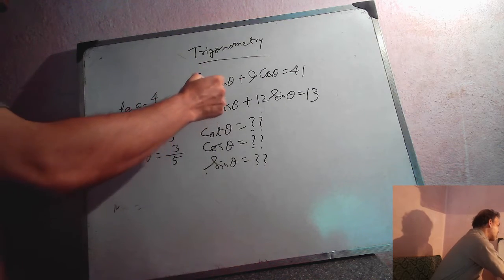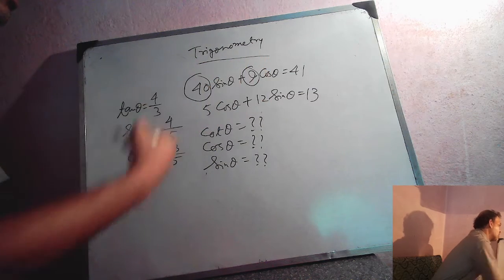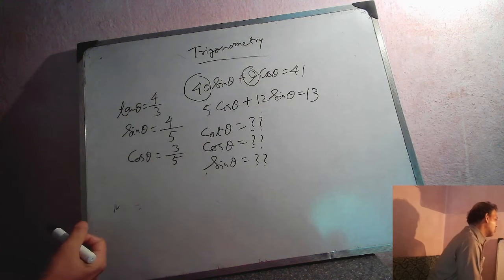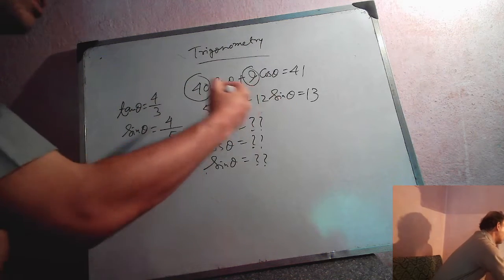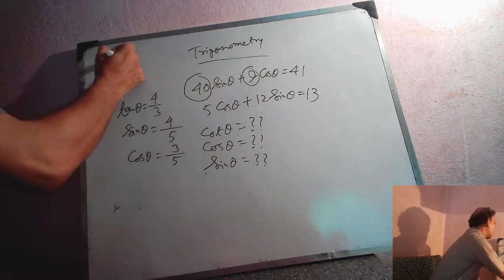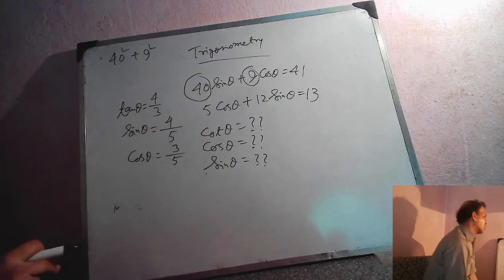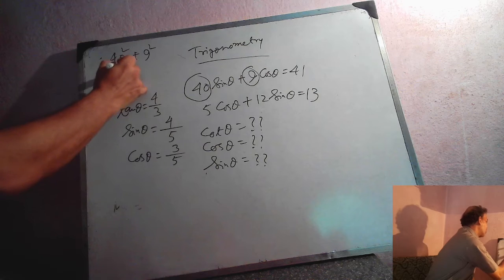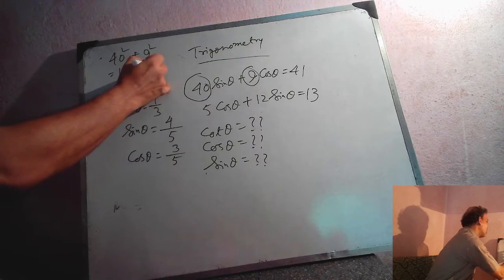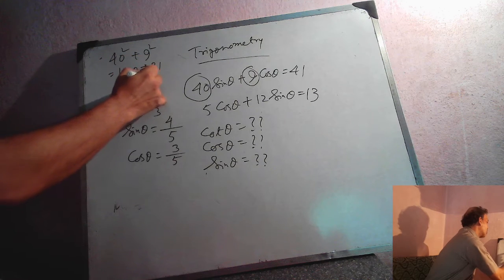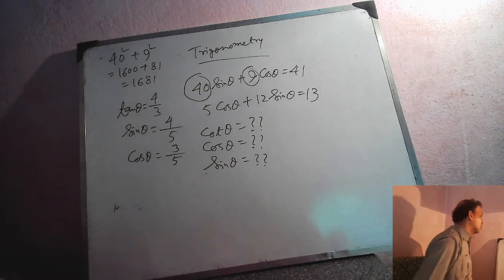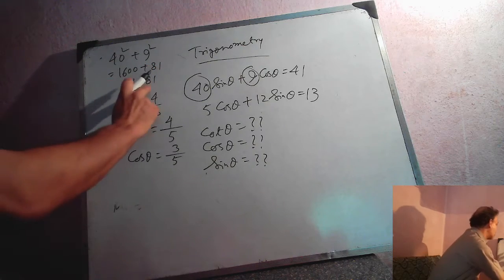What is the reason behind it? First we need to check whether 40 square plus 9 square equals 41 square. We know this equals 1600, this equals 81. So the sum of squares of these two coefficients is 1681.